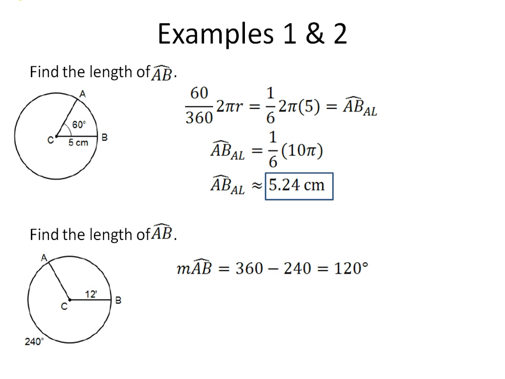So to find the minor arc angle, we simply take 360 minus 240, which is equal to 120 degrees. Then we plug it into our formula, so the arc length of AB is going to equal 120 over 360 times 2 pi times 12, which is approximately 25.13 feet.